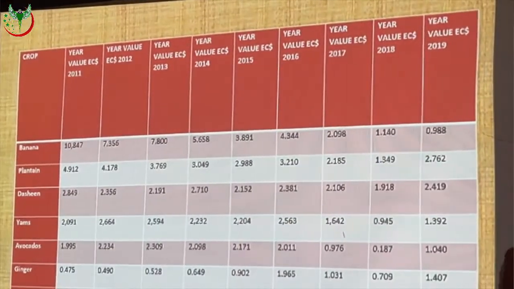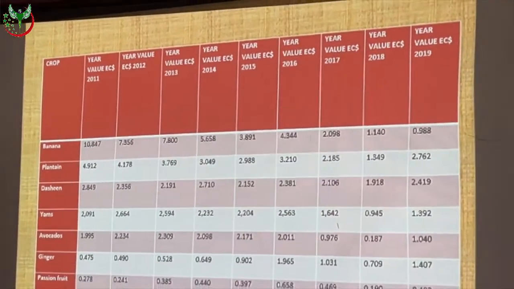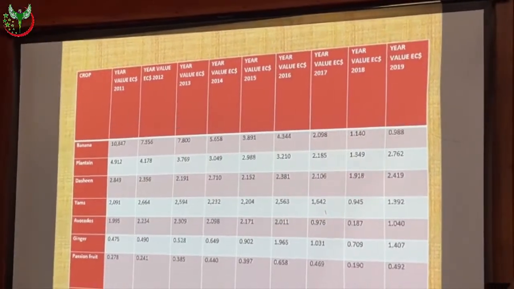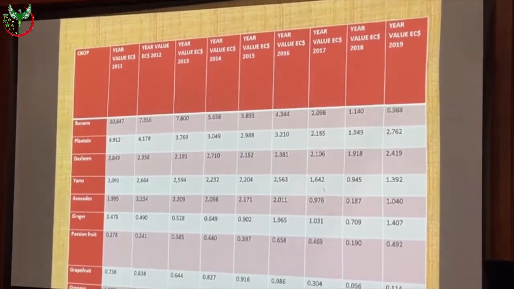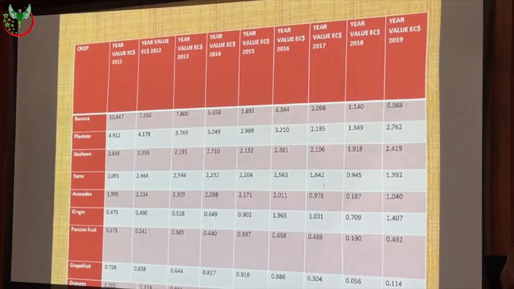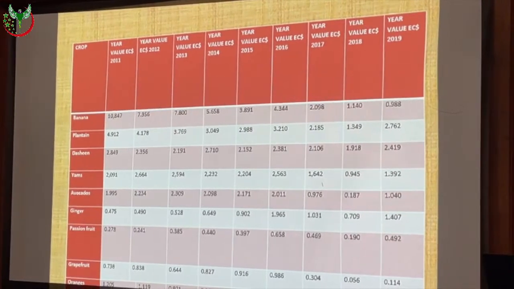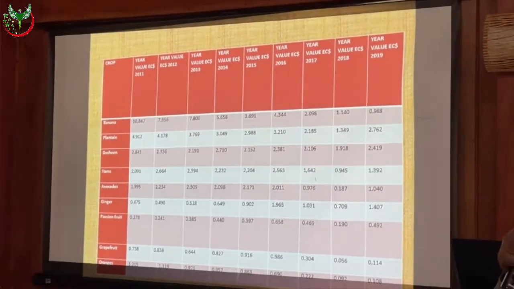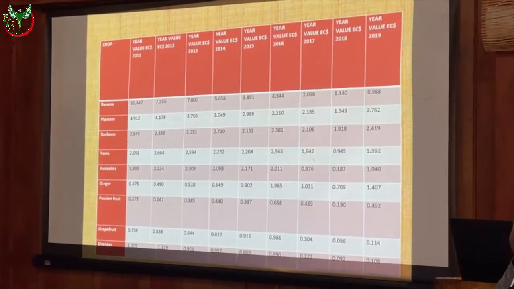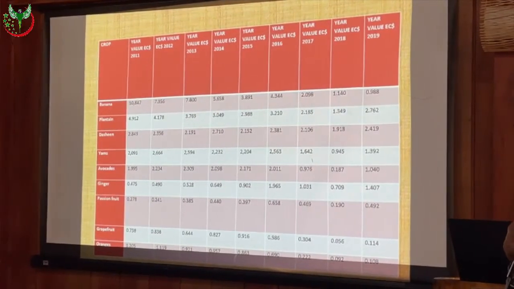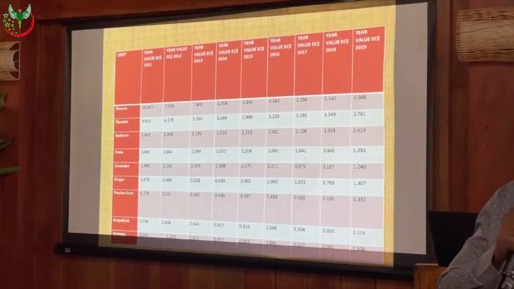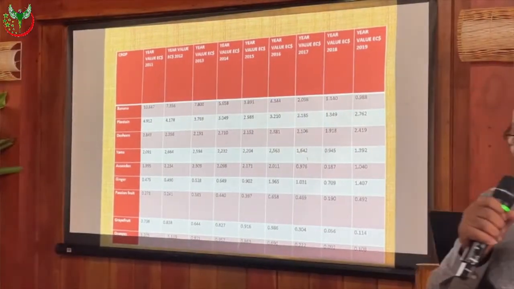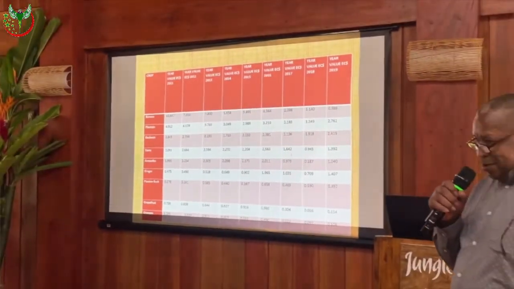The point I want to make is bananas, which was once the champion, brought in $107 million in 1988. And when $107 million in 1988 came in, it was also the reunion year. And all Dominicans can remember 1988 was just a good time in Dominica.